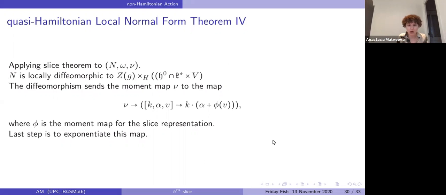And what we are working on now is the combination of these two approaches, where, if you remember, our S1 times H action is not Hamiltonian. We know how S1 acts, and the action of H on the symplectic leaf is not Hamiltonian.